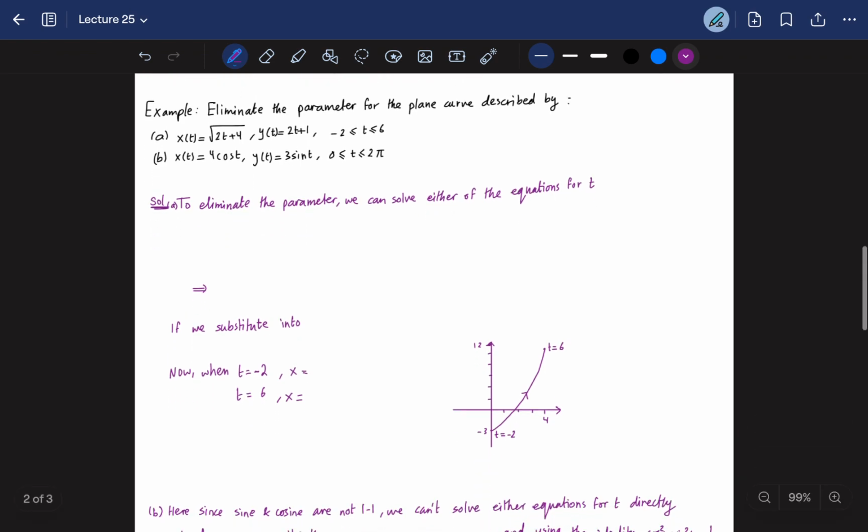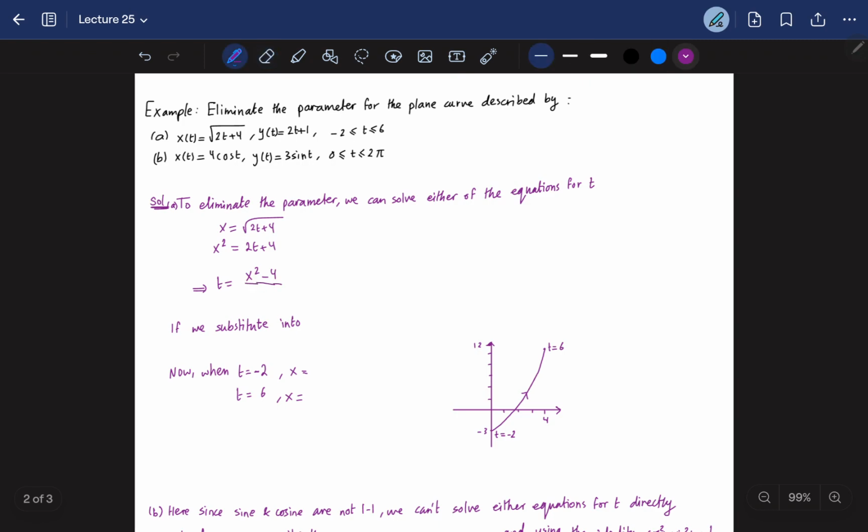So let's try it for a. If I have x of t is the square root of 2t plus 4, y of t is 2t plus 1, let's solve x of t, for example. So I have x is equal to the square root of 2t plus 4. If you want to solve it for t, you just square both sides, x squared equals 2t plus 4, then t is going to be equal to x squared minus 4 over 2.